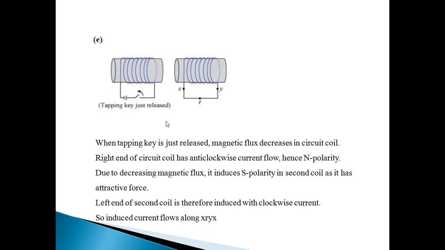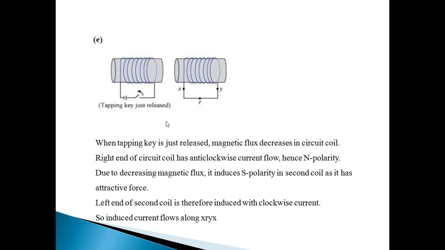Now in this diagram, there is no magnet, only two coils. Tapping key is just released in the first coil. So that means the current is decreased, so magnetic flux decreases in the circuit coil. So right end of circuit coil has anti-clockwise current flow, hence north polarity.